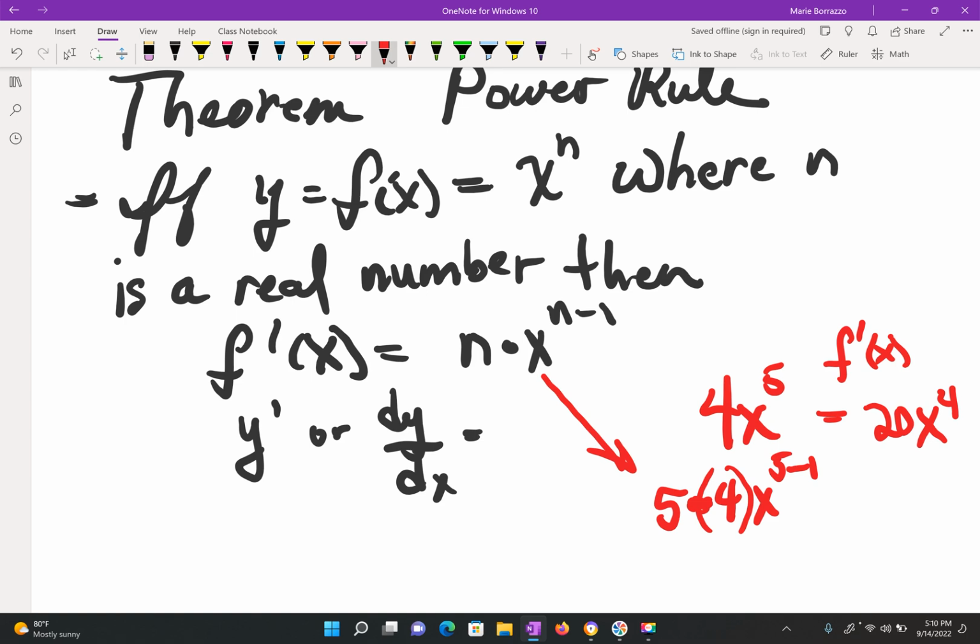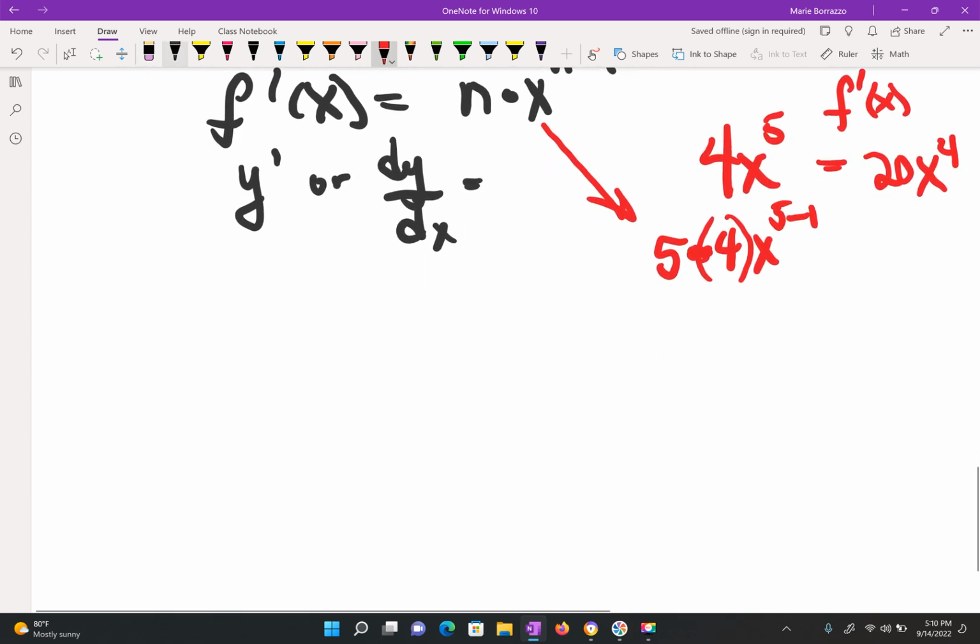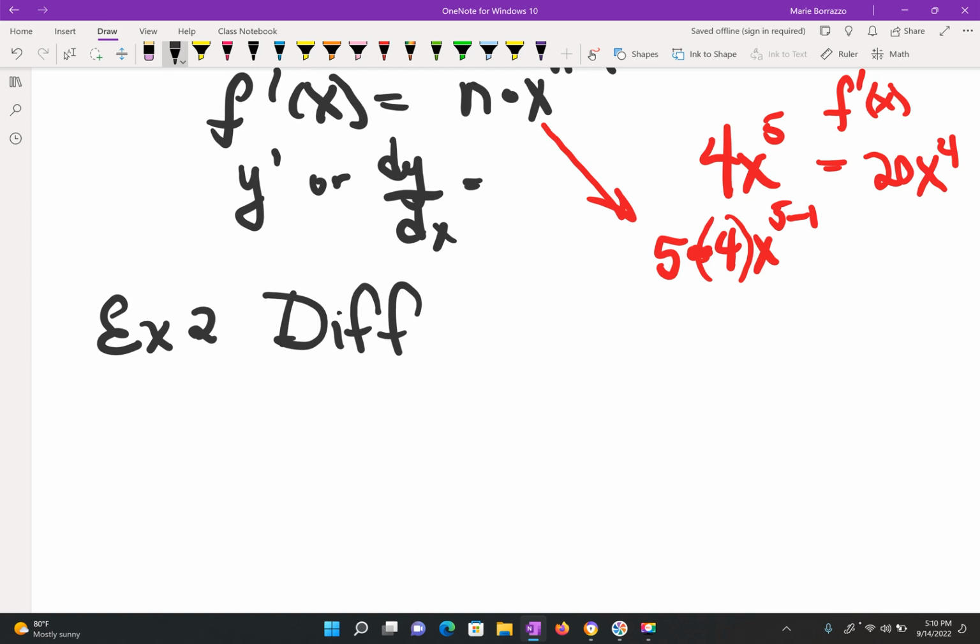So they do give us some examples. In example 2, if I could show you real quick, here's example 2. So we are basically differentiating power functions.